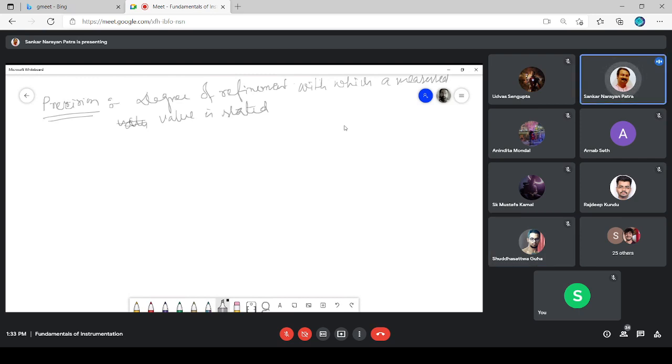Now when a system is measured, sometimes it should be precise. When it is highly precise, the accuracy might be poor, but every time, in every experiment, it is showing 97.3. Then the measuring system should be precise.